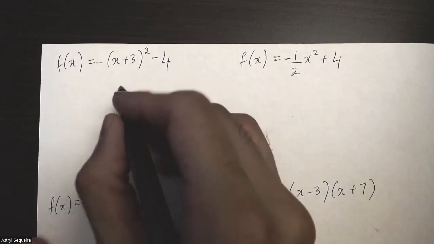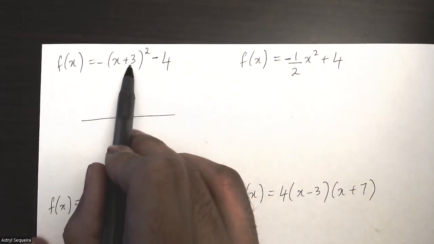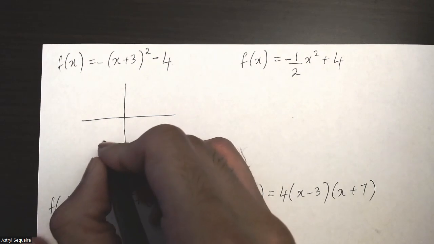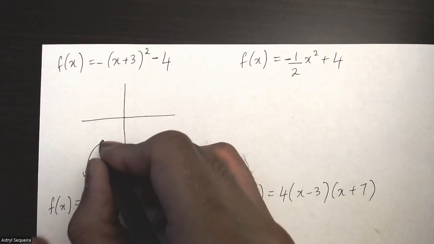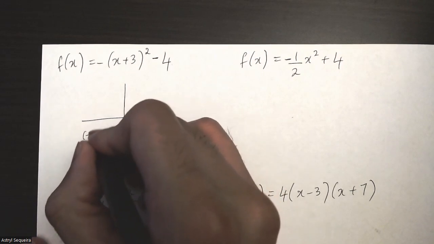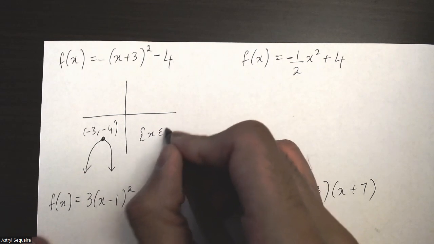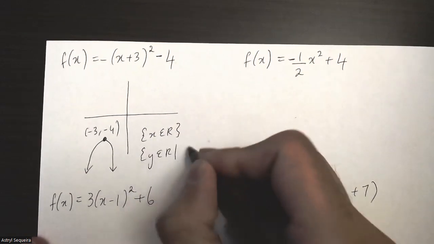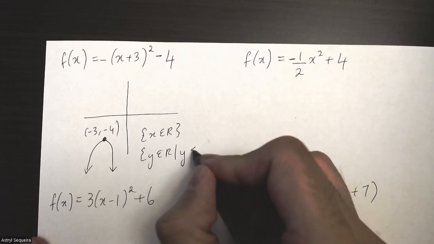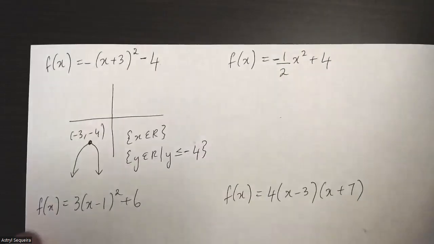So first one over here is already in vertex form. I can tell that my vertex is -3 and -4, and it's a negative a value, which means the graph opens down. So my domain is all real numbers, and my range is all real numbers less than or equal to -4.